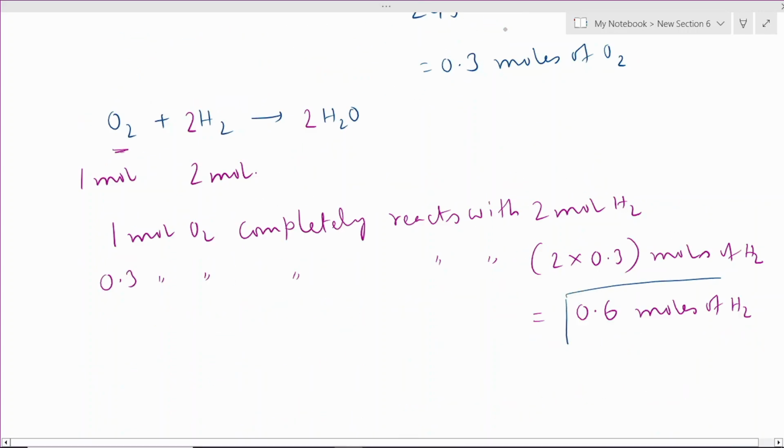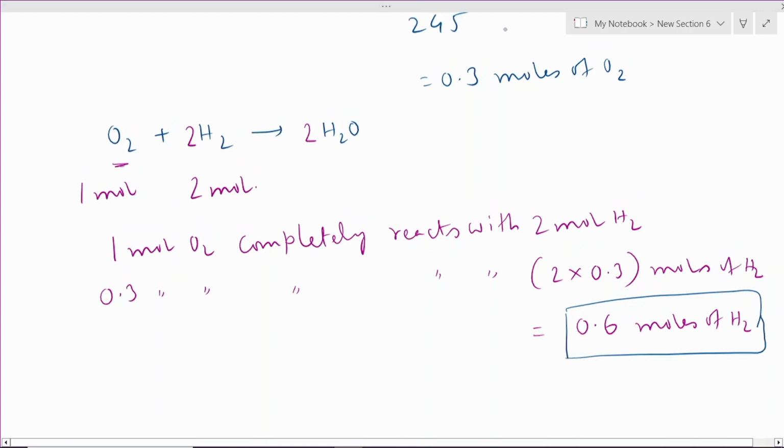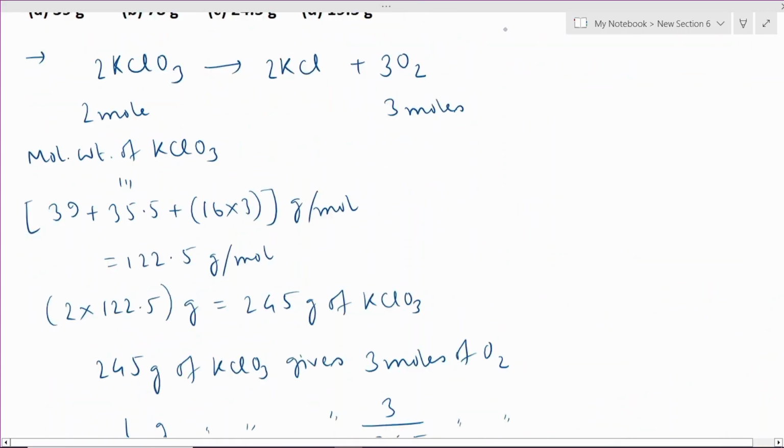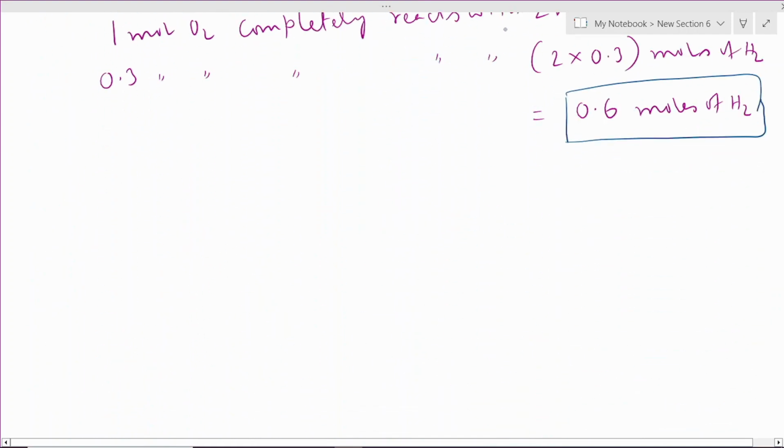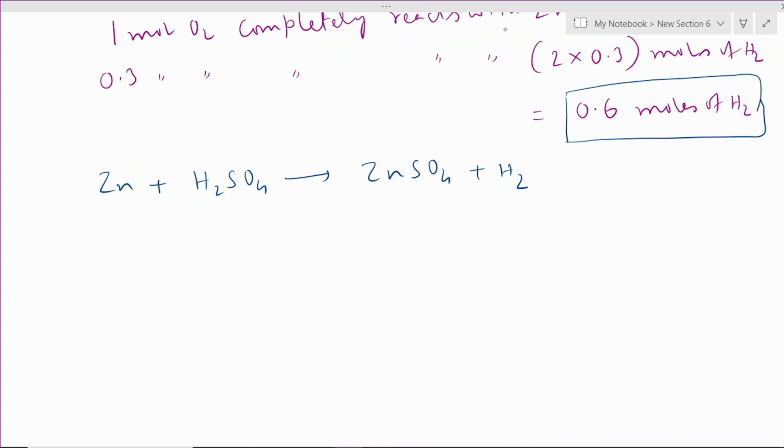This 0.6 moles of hydrogen comes from the reaction of zinc with H2SO4. So you know the reaction: zinc plus H2SO4 gives ZnSO4 plus H2. One zinc is there, so one zinc is also here. 2 hydrogen, 2 hydrogen, 1 sulfur, 1 sulfur, 4 oxygen, 4 oxygen. So the reaction is balanced.